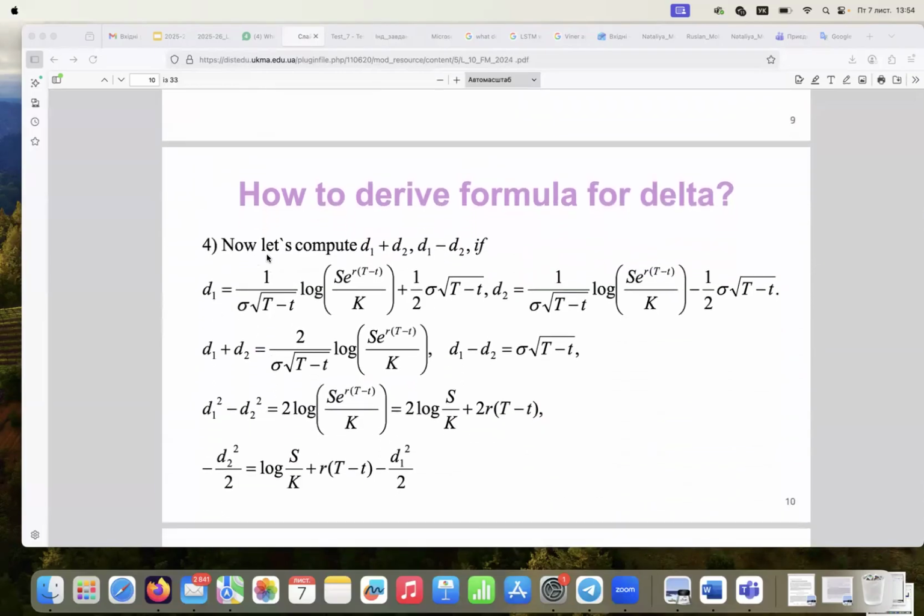So the next step, we would like to compute the sum of d1 and d2 and the difference of d1 and d2. d1 is this formula, d2 is this formula. If we would like to find the sum, we see that it is plus this term, but minus this term. So in the sum, we have only this, yes? Do you agree?